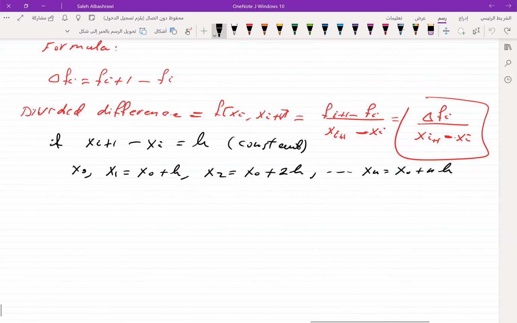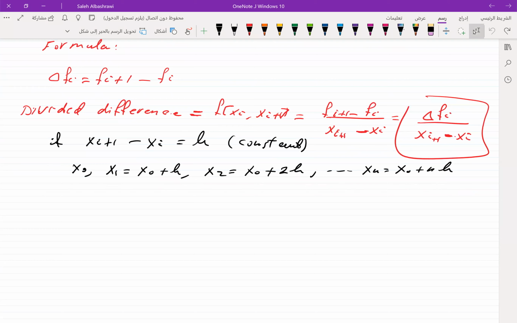In this case, when the difference operator is applied k times, it is defined as delta^{k-1} f_{i+1} minus delta^{k-1} f_i.